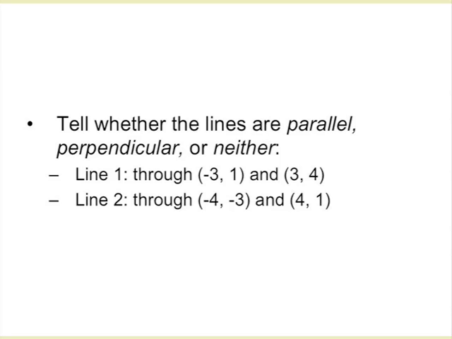Same directions here. So for line 1, 1 minus 4 over negative 3 minus 3, negative 3 over negative 6 is 1/2. Double negatives cancel.